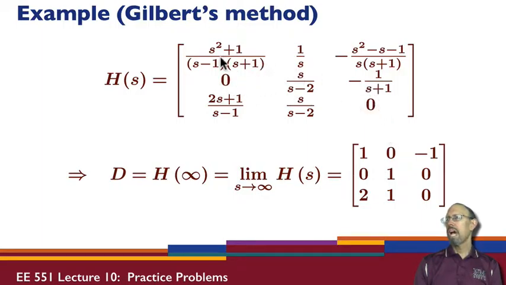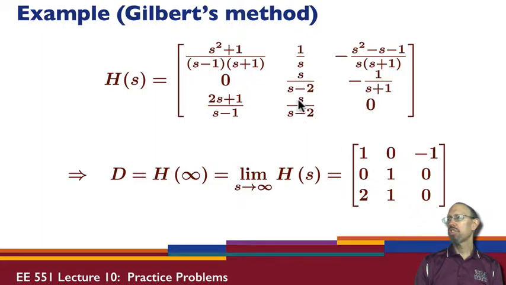Whenever we have the same degree of polynomial, we look at the coefficients, and actually the coefficient of the highest power in both numerator and denominator. And that's what happens when we get the limit, using L'Hopital's rule. So we get this here, we get -1 here, we get 1 here, 1 here.